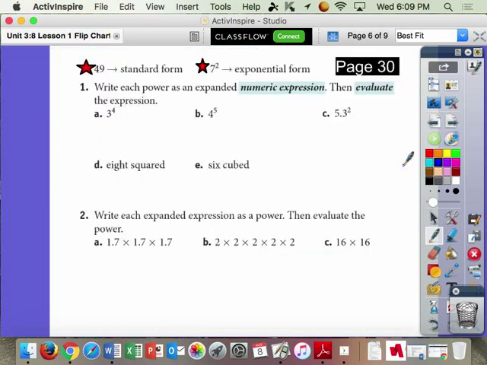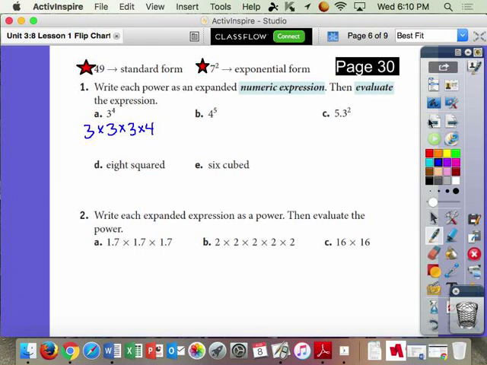So looking at the same page, standard form is when you have just your number. Exponential form is when you have a base and an exponent, okay? So if they want us to write 3 to the 4th in expanded notation, that means that I'm going to do 3 times 3. How many times am I going to write that 3? 4 times.